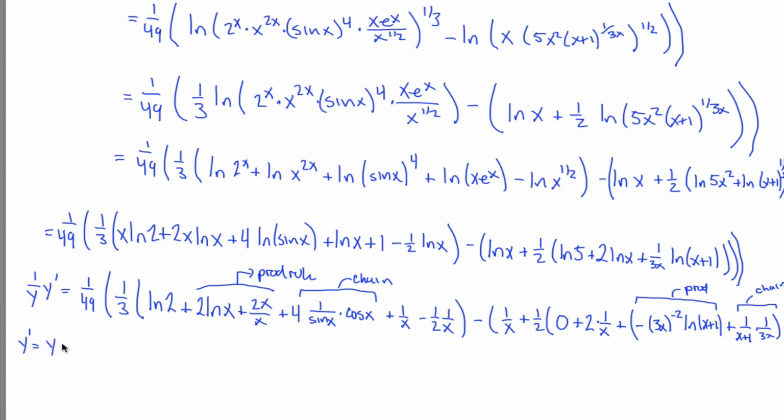Well, no. Y times 1 over 49 times 1 over 3 times natural log of 2 plus 2 natural log of x plus 2 plus 4 times cosine divided by sine. In other words, 4 cotangent of x plus 1 over x minus 1 over 2x. Could put those together, but I'm not going to bother.